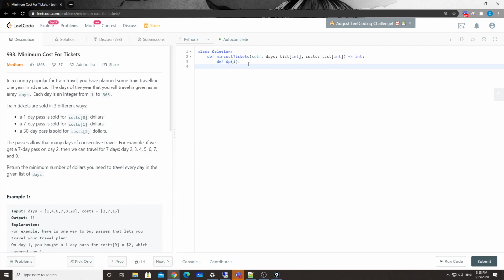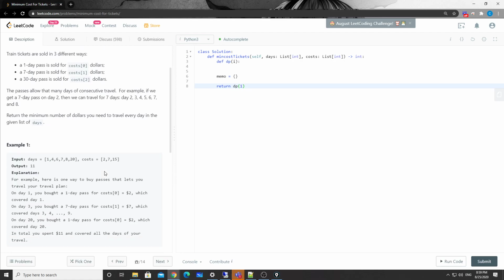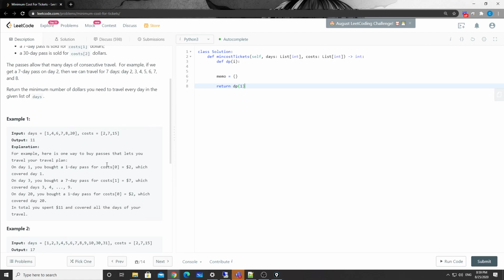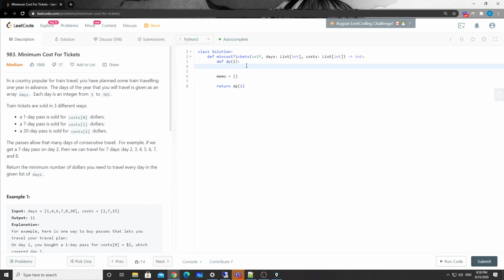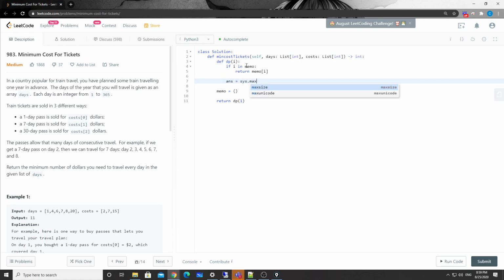And then memorization, return dp1. Basically we start at the first day. If I is in memorization, we return memorization I. The answer equals system dot maximum size.